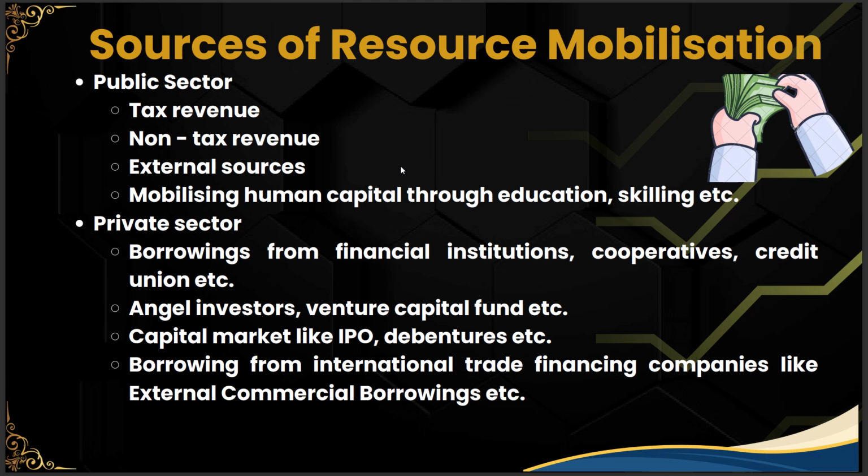But how does the private sector source its resources? They borrow from financial institutions like banks, cooperatives, or credit unions, and from angel investors and venture capital funds. Actually, they invest in the economy for the same.